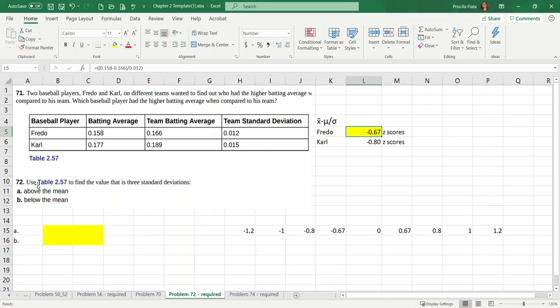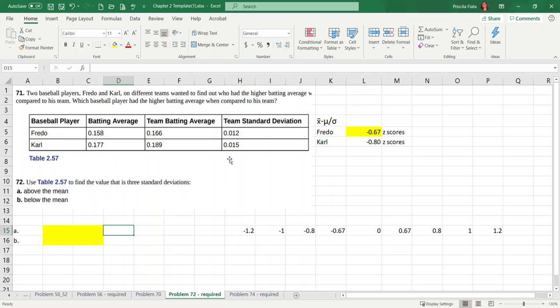Okay, so now let's answer the ones that I assigned to you. Use the table to find the values. There are three standard deviations. It does not tell us above the mean or below the mean, so I'm going to do both. That's why I put 4 over here.